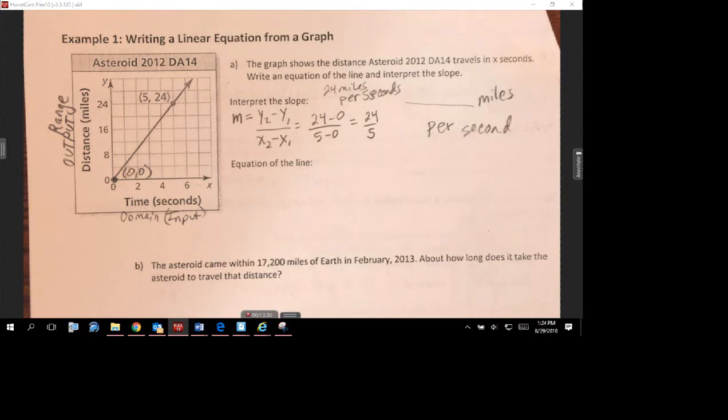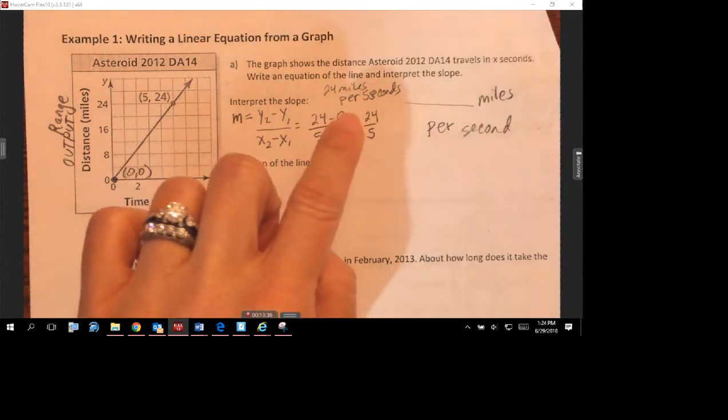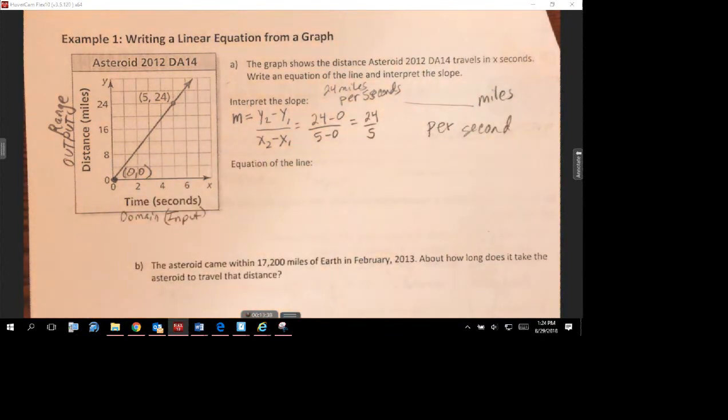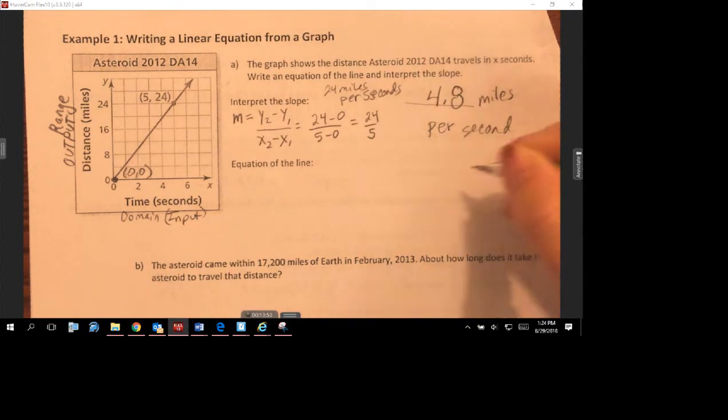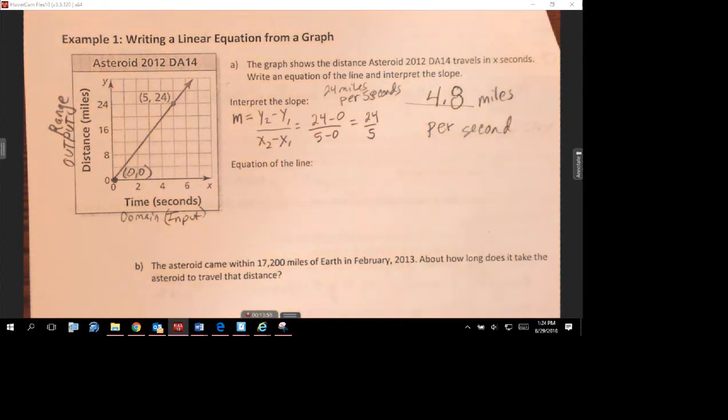So we want to reduce it down, so it's like per something. So to reduce that, what operation is 24 over 5? It's division. So you type in your calculator 24 divided by 5. 4.8 miles per second. So that is interpreting the slope.